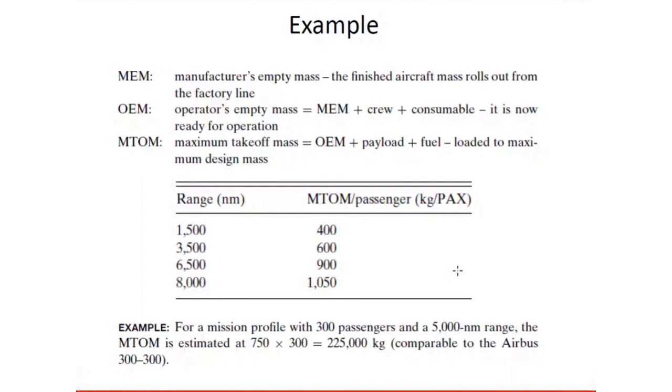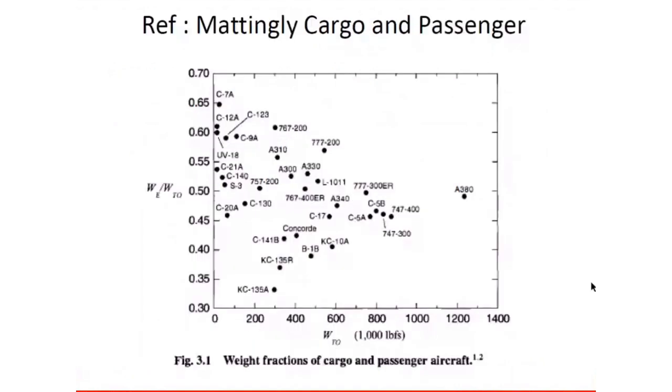So this is a curve data. Not a curve, we could not fit a curve in this. This is data again from Mattingly's book for cargo and passenger aircraft. So what he has done is he has taken the empty weight to takeoff weight ratio and plotted it against the takeoff weight.